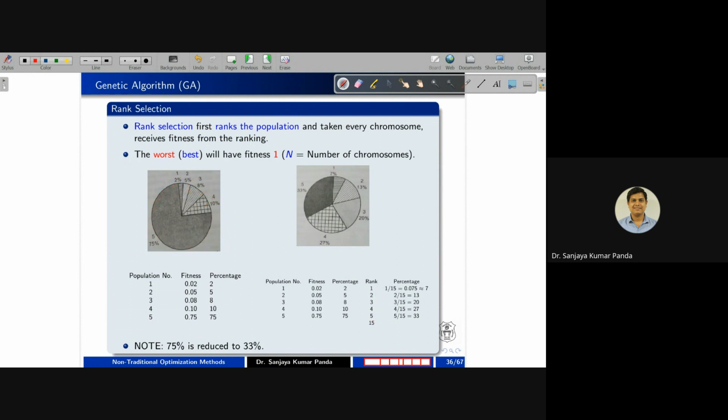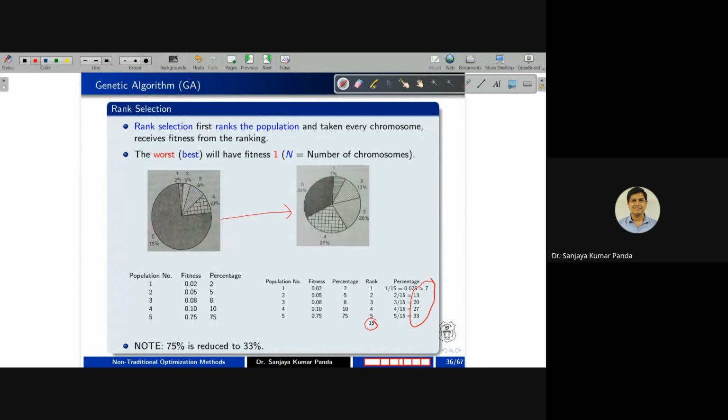Then we calculate the sum of the ranks. The sum of the ranks is 15, right? And we calculate the percentage. What is the percentage we will get here? 1 by 15, 2 by 15, 3 by 15, 4 by 15, and 5 by 15. So this much percentage we are going to allot to this roulette wheel here. In comparison to the previous one, this may be a fair solution, right?